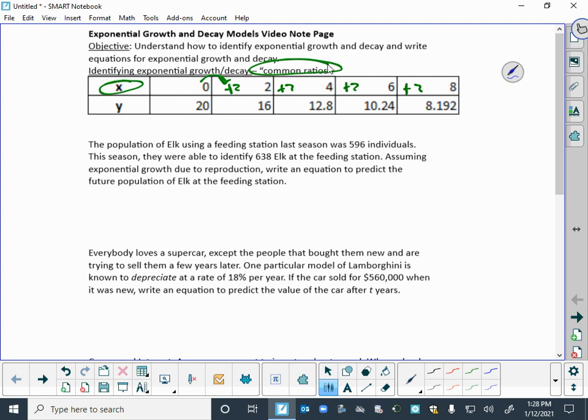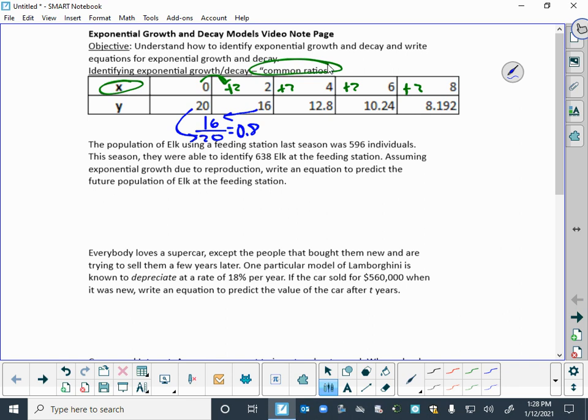And so, like we said, what we do is we take the result, we'll take this 16, and we'll divide it by the number that we just came from. So we were at 20, now we're at 16. The question is, do I progress along this table by multiplying by the same number every time? And by doing this division and getting a 0.8, it says the number you multiplied 20 by was 0.8 to get 16.